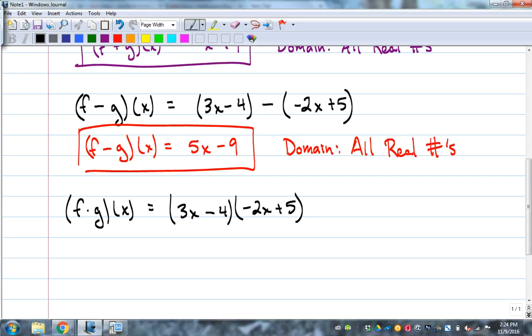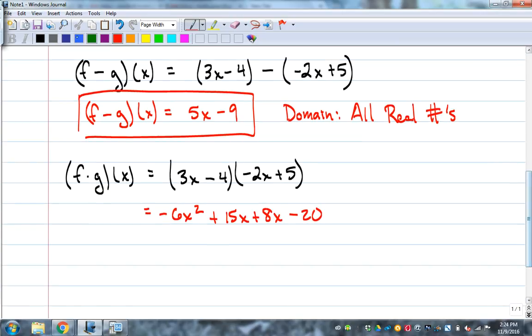That's something we've done before, okay? 3x times negative 2x would be negative 6x squared, 15x, positive 8x, negative 20. I can simplify that, right? Negative 6x squared plus 23x minus 20. So that's f times g of x.